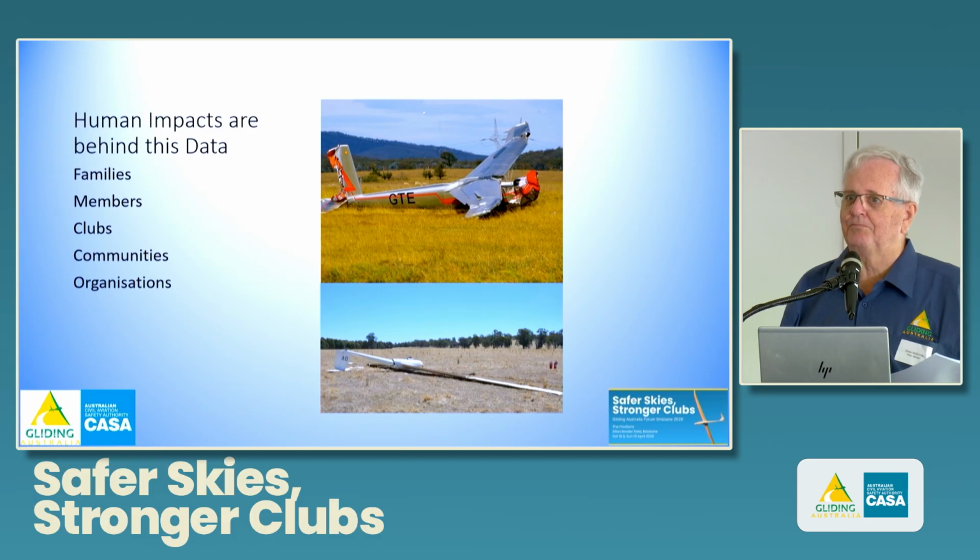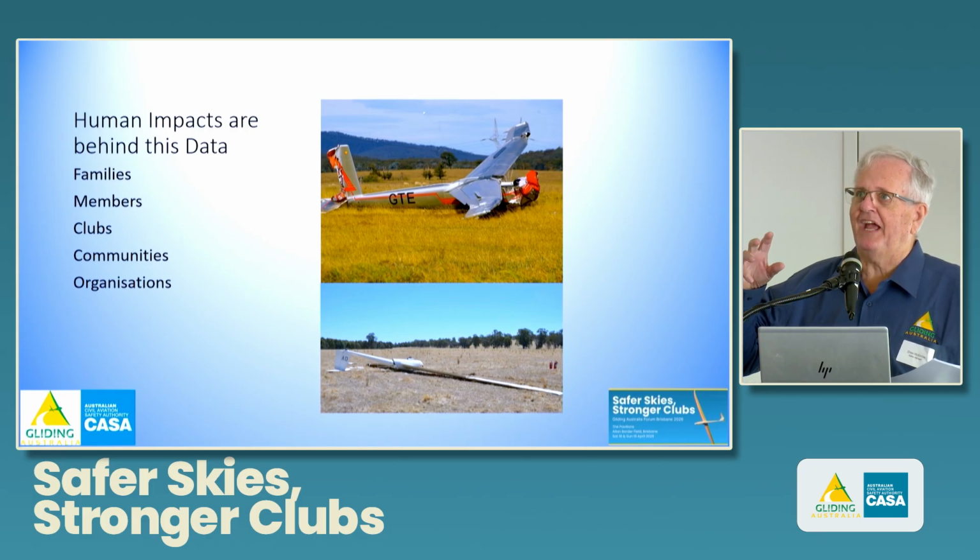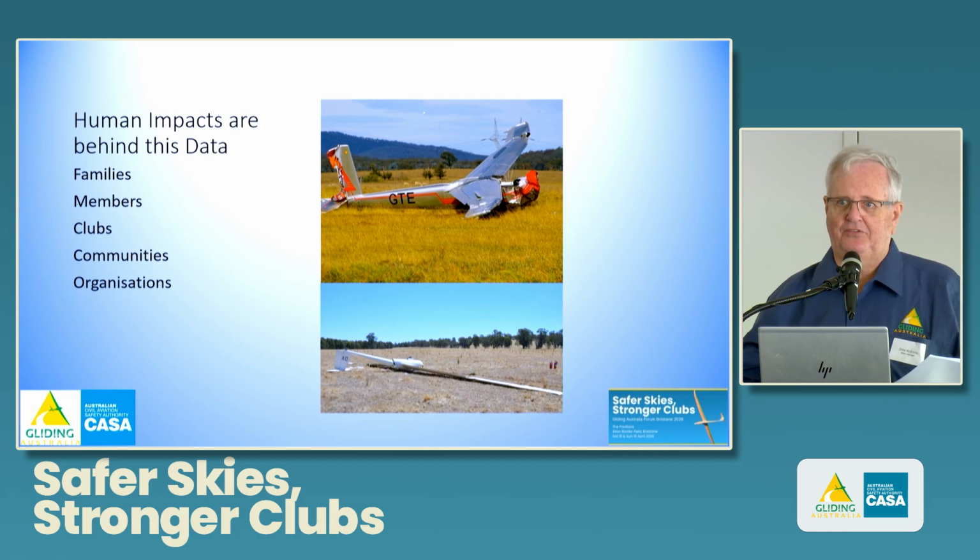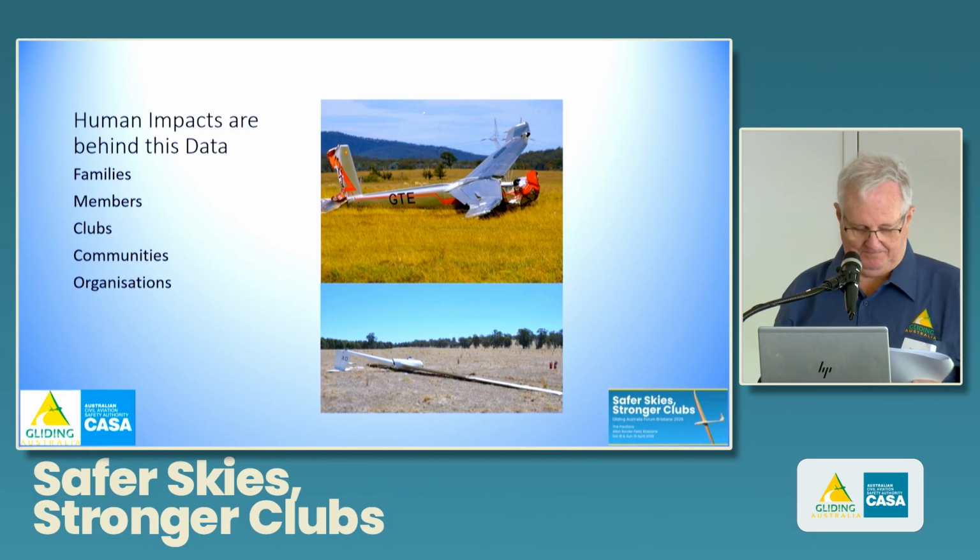Some of this stuff is pretty confronting and emotionally tough to review, but we have to do it. As Jeff said, we must use accidents in a manner that, as much as possible, prevents repeats. We have that obligation.